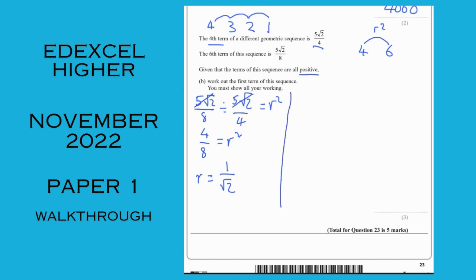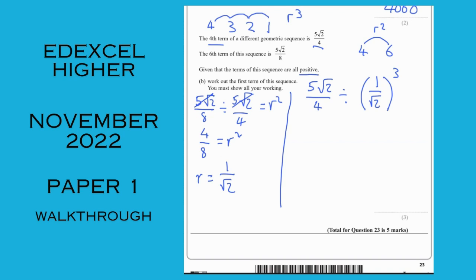So in other words, you would take the 4th term and you would divide by r cubed. In other words, 1 over root 2 cubed. Now the 1 cubed on top, no one cares.